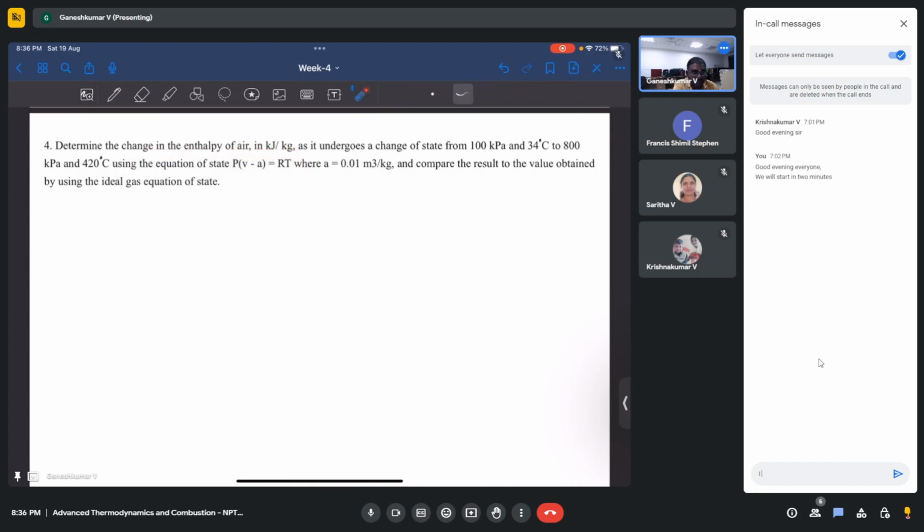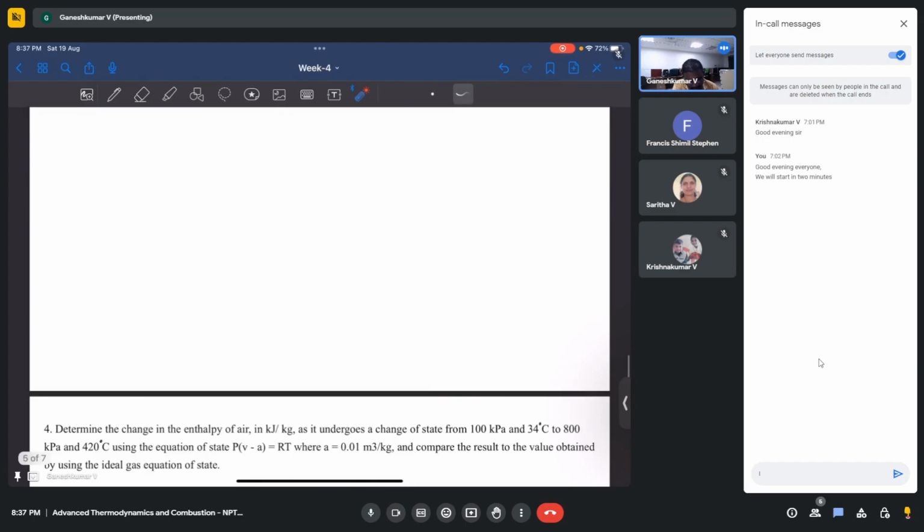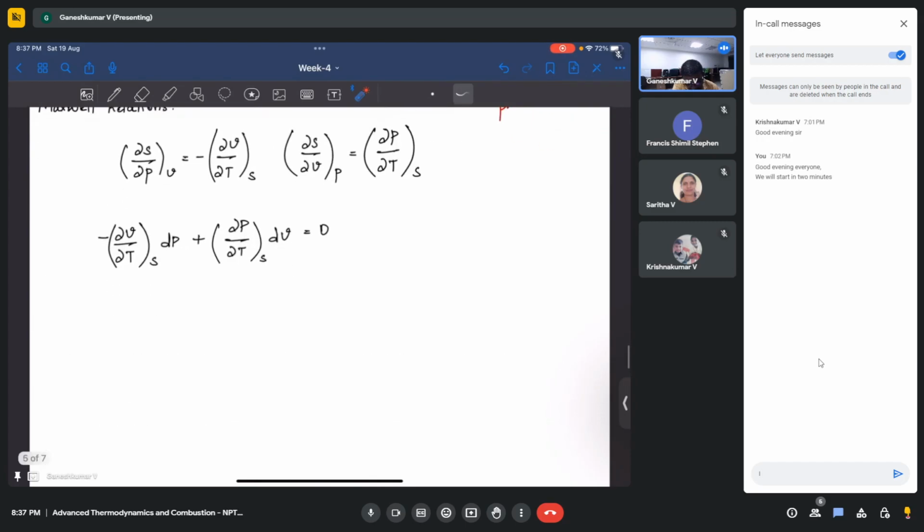It is no more an ideal gas equation of state, but some other equation of state they give. If you want to find the change in enthalpy, you may need to check in the tables. But for real gases, you will not have tables, and you will be given some equation of state. For that, when you want to find this out, these relations would be helpful.